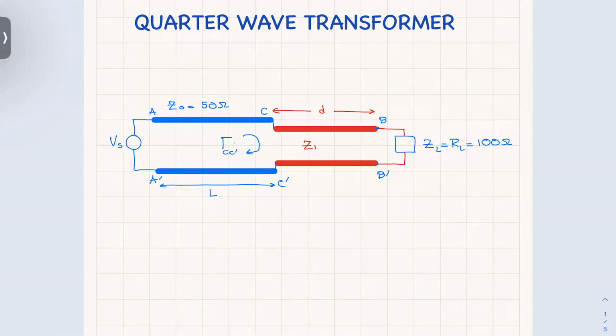If I make that 0 at this point here, then I know that it's going to be 0 everywhere on the line. And what does that really mean? It means that all of the power that my source gives me is going to go directly to my load, because there's not going to be any reflected power.